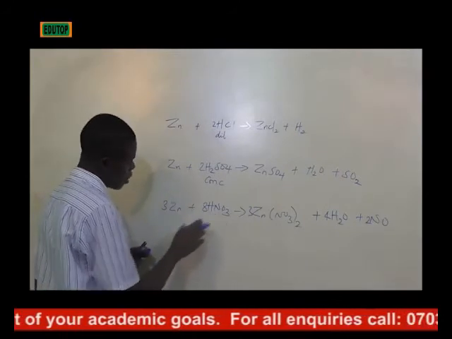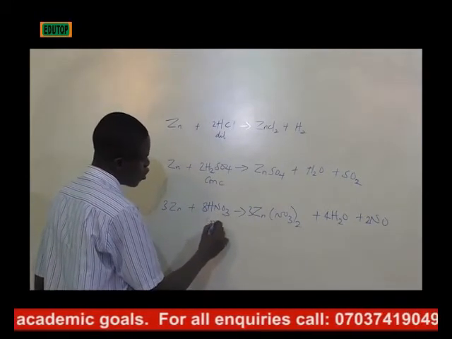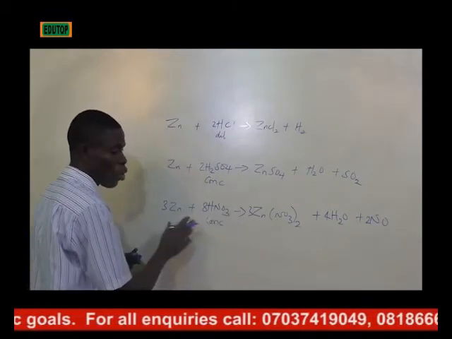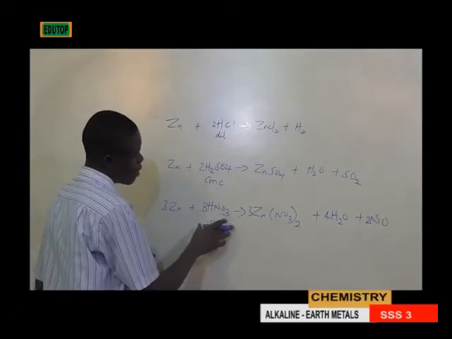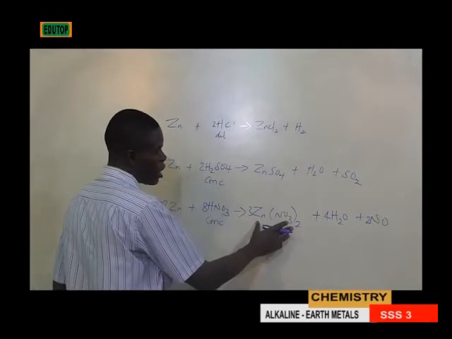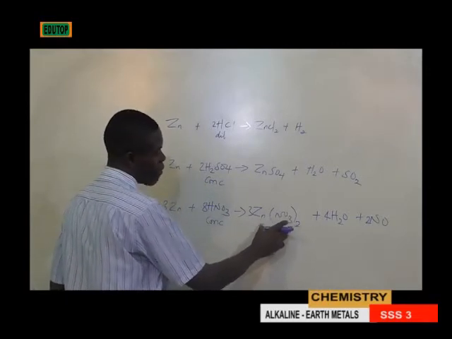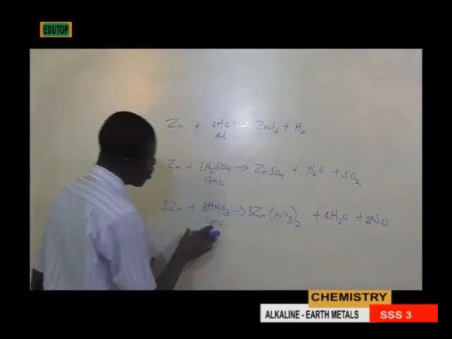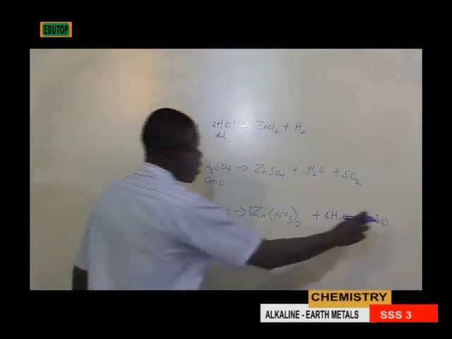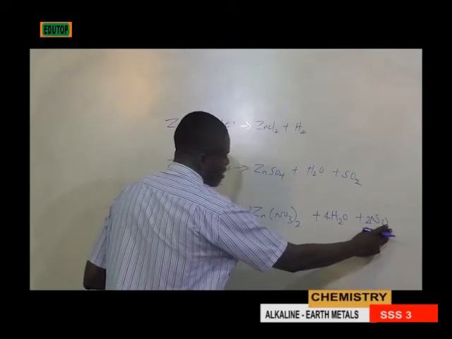And in the last case, which is the trioxonitrate 5 acid, it also reacts with the concentrated form to give zinc 2 trioxonitrate 5, water, and nitrogen 2 oxide. So in the reaction with trioxonitrate 5 acid, nitrogen 2 oxide is the gas evolved.